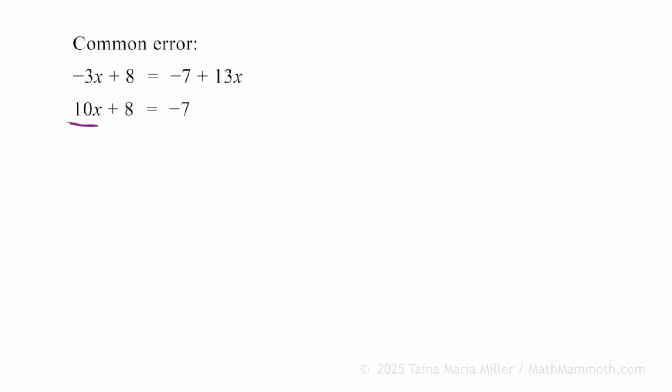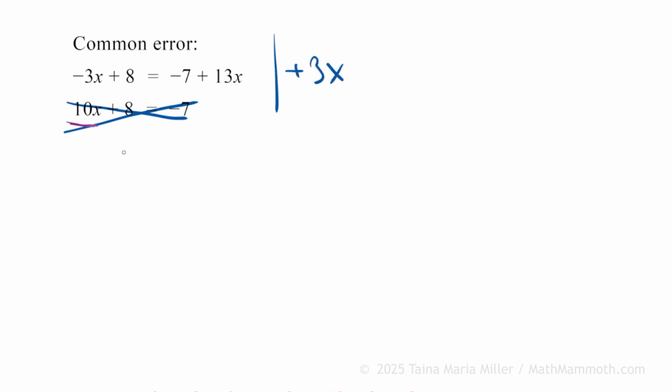We're supposed to add the same thing to both sides or subtract the same thing from both sides. Not add across sides, so to speak. So let's see if we do this right. I'm going to cross out this as if it didn't exist. And the correct thing is that, okay, we will maybe add 3x to both sides or subtract 13x from both sides. Either way, I'll add that.